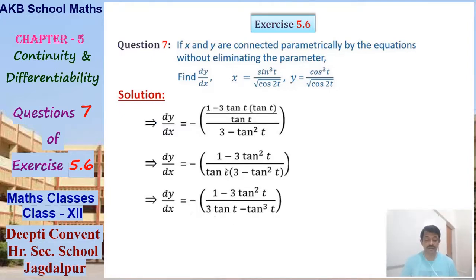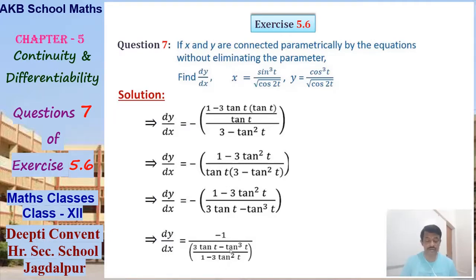So multiply tan t inside the bracket. So 3 tan t minus tan cube t, 1 minus 3 tan square t by 3 tan t minus tan cube t, that is minus of 1 upon it; taking it in the denominator of the denominator, it goes here.